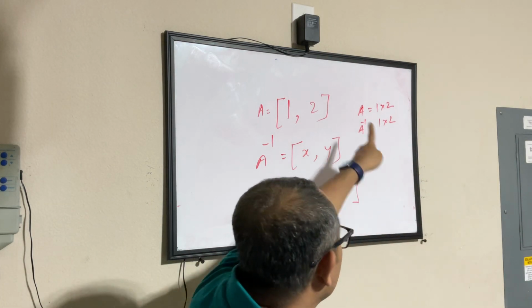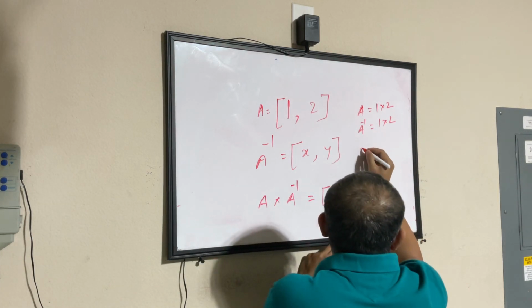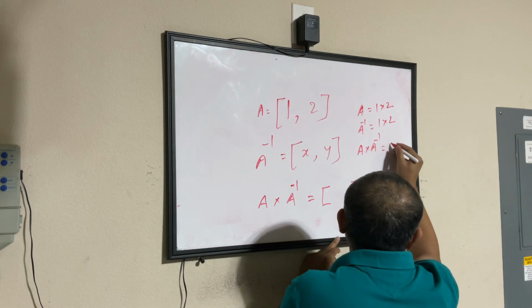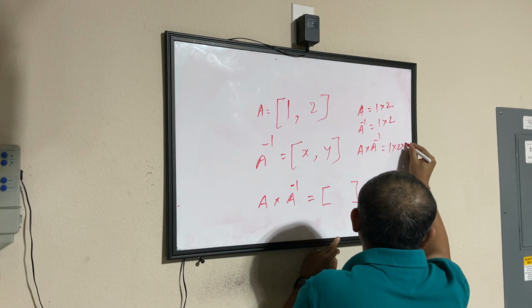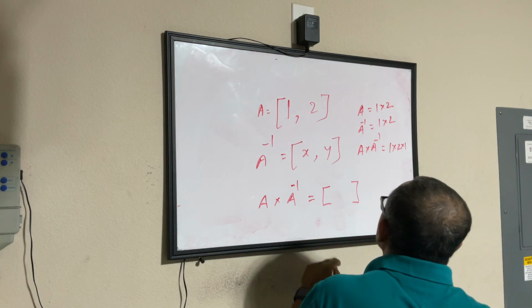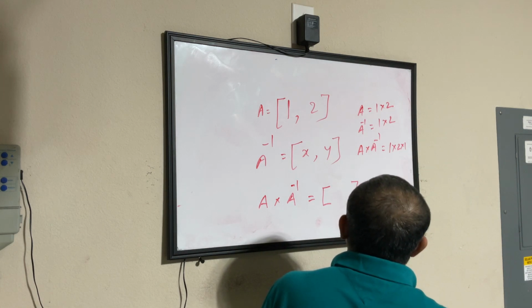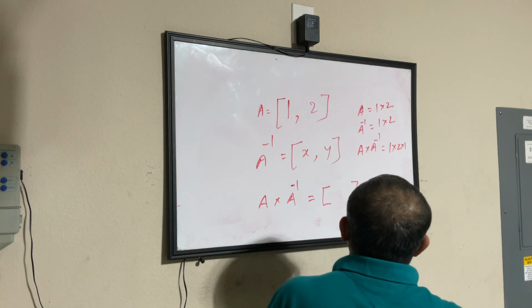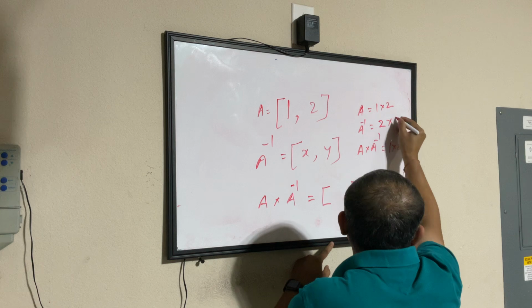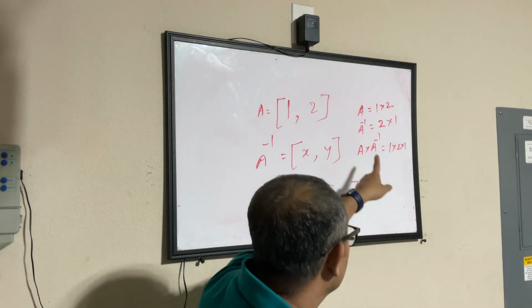So when I'm multiplying A with the inverse of A, what I will get is 1 into 2 into... it has to be a 2 by 1 matrix. Then only I can multiply.